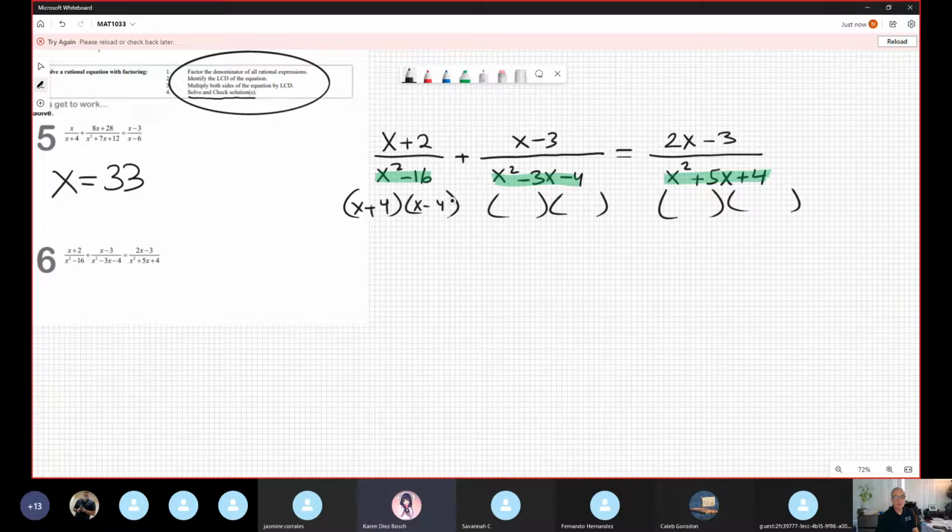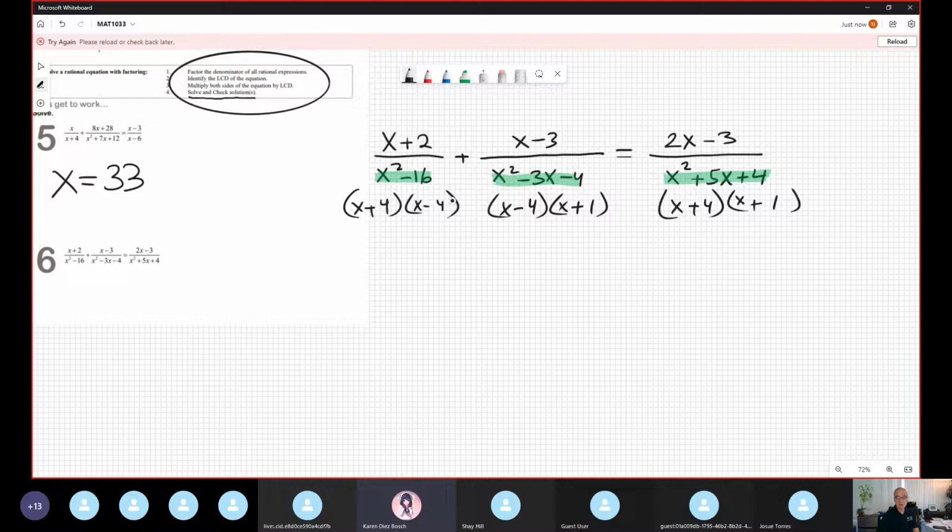And this is x and x, the variable, and 4 and 1, I guess, 4 times 1 is 4, and 4 minus 1 is 3, minus 4, different sign. And here x and x, and again 4 and 1, because 4 times 1 is 4, and 4 plus 1 is 5, the sign is plus.